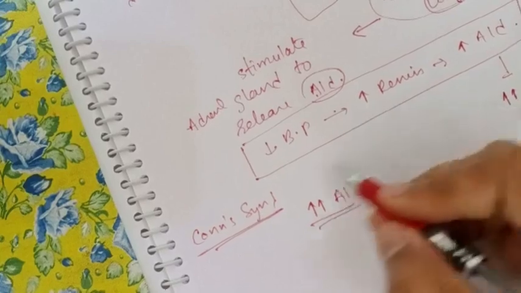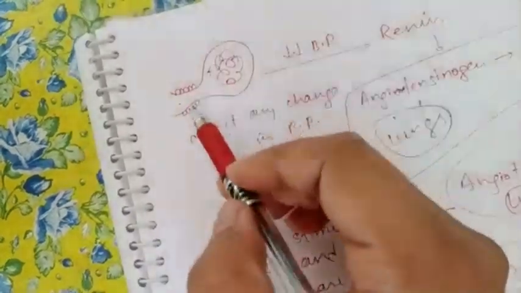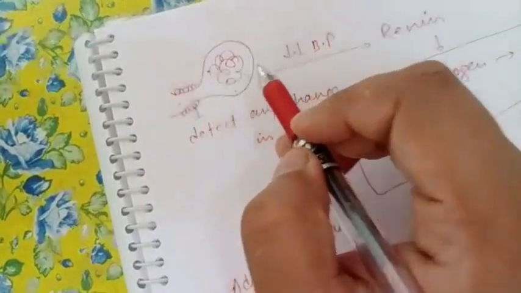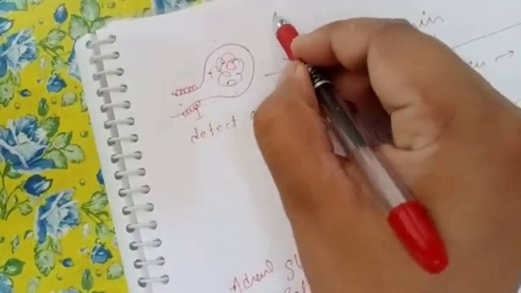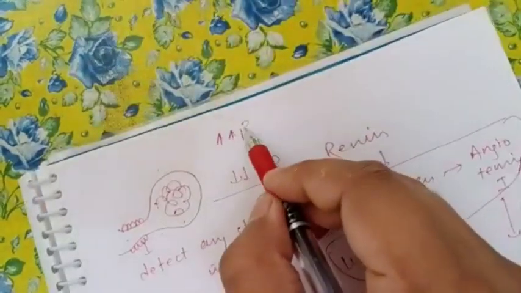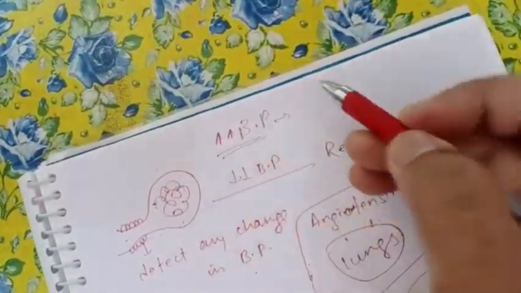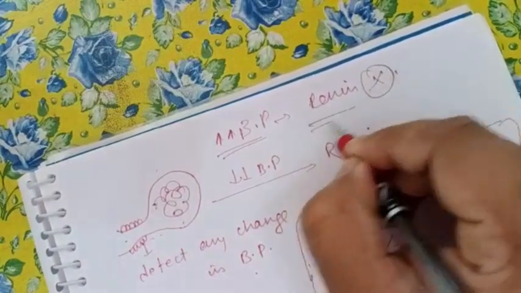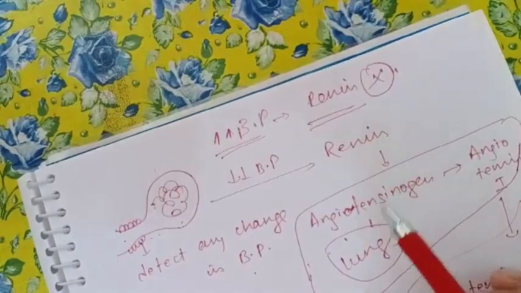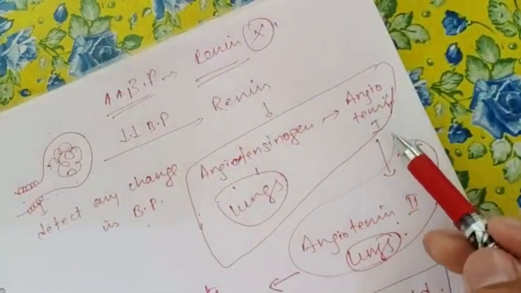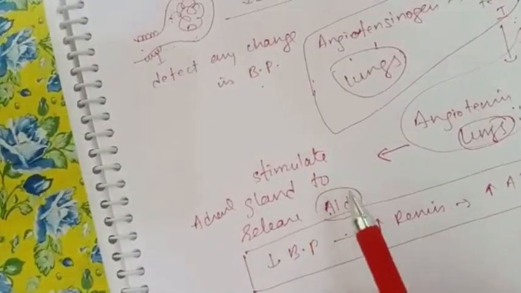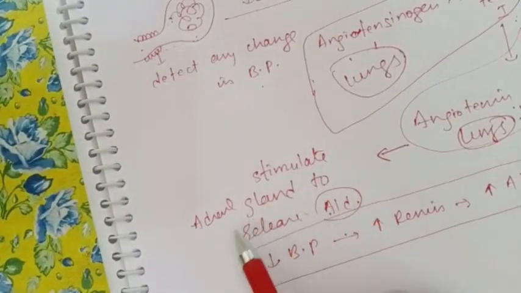So these juxtaglomerular cells will detect the high BP and inhibit the release of renin, so that no more angiotensinogen will convert into angiotensin 1, no more angiotensin 1 will convert into angiotensin 2, and no more aldosterone will be there in the blood.